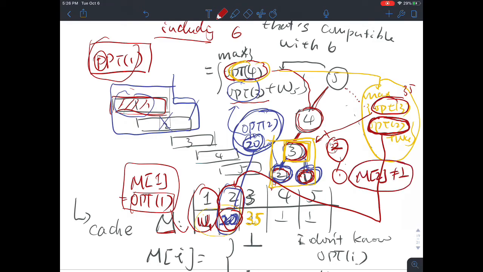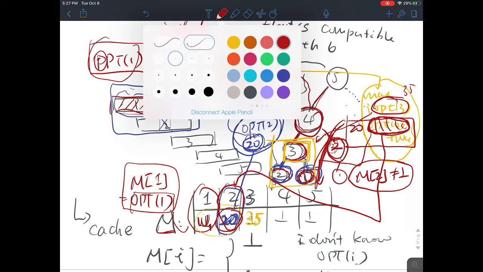That's a sign that I computed opt2 before. So instead of expanding this tree, I look into this table and say that opt2 is just 20. I don't even need to do any computation here. That's the reason I save computation at this end.